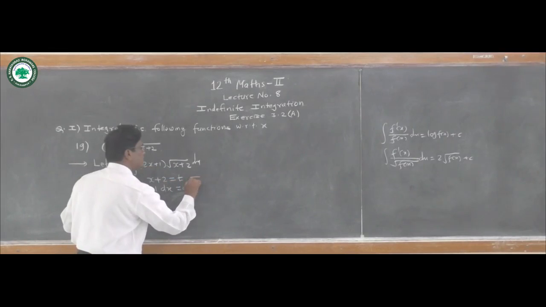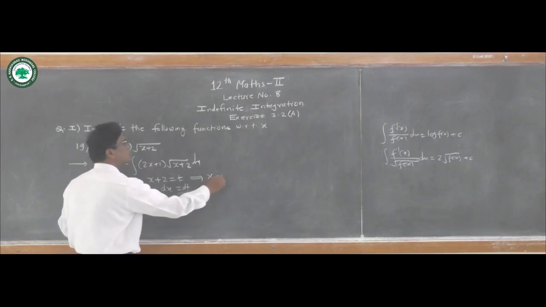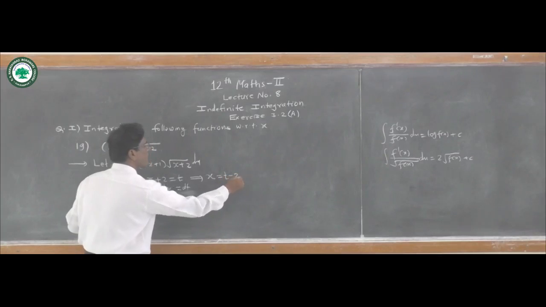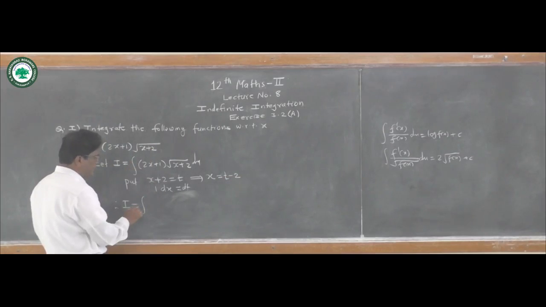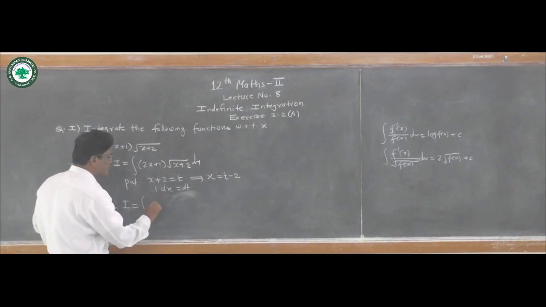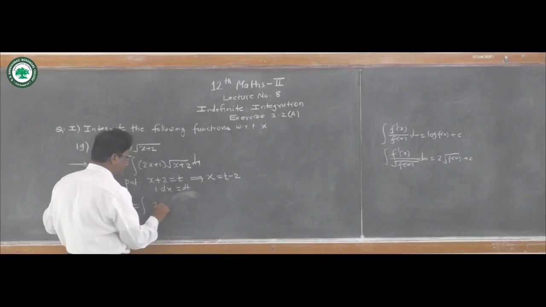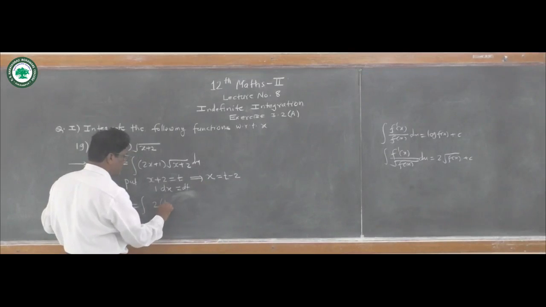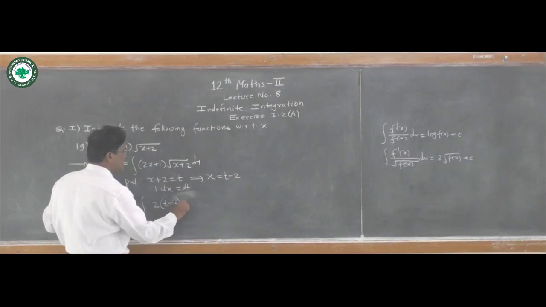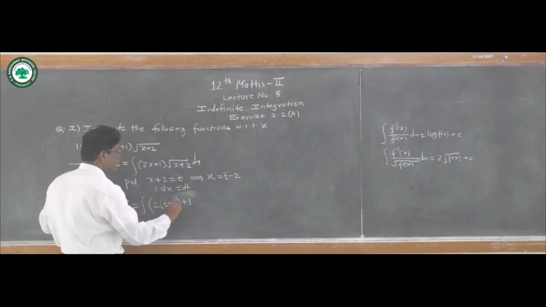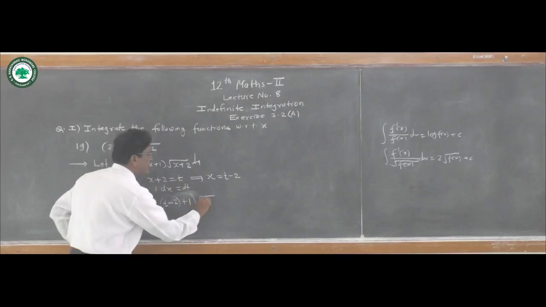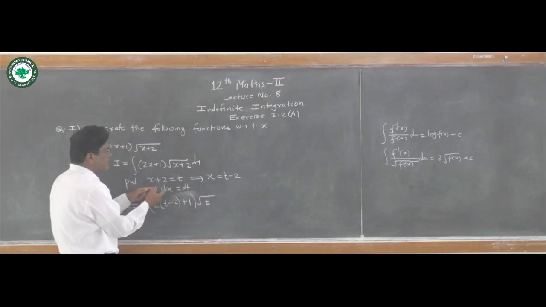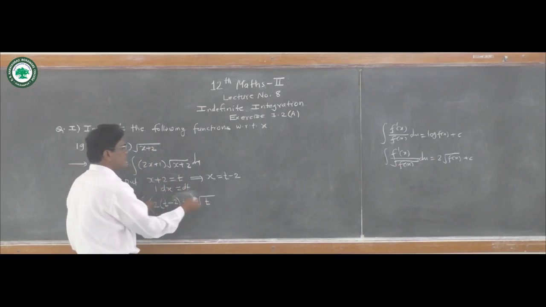So from the equation x + 2 = t, find the value of x: x is equal to t minus 2. Therefore the required integral I becomes 2 times (t minus 2) plus 1 into root of x + 2, which we substitute as t, and dx is replaced by dt.